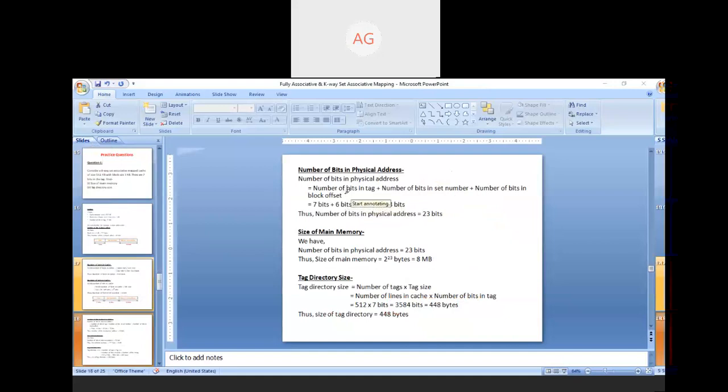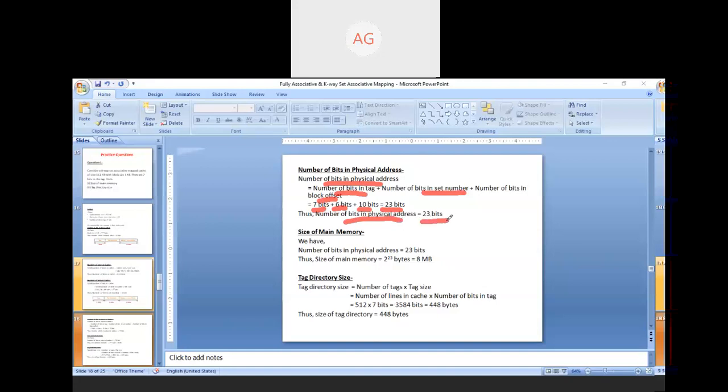The number of bits in the physical address is the number of bits in the tag plus the number of bits in the set number plus the number of bits in the block offset, which is 7 bits plus 6 bits plus 10 bits. So it comes out to be 23 bits. So the number of bits in the physical address is 23 bits.